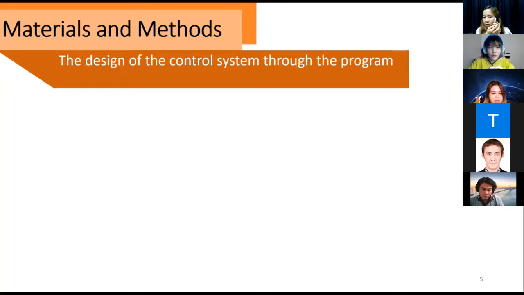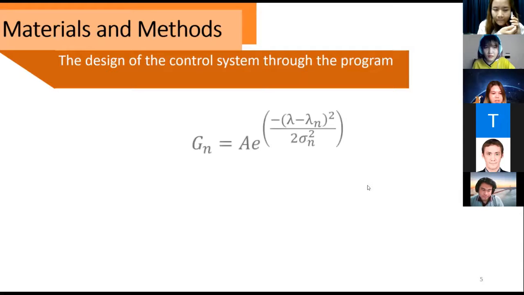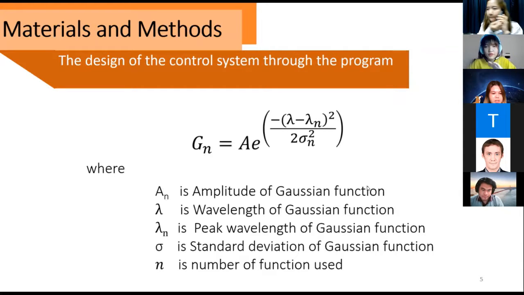Next, when we select the method for the curve fitting, we then use another equation in the PSO. We use the Gaussian function for the PSO. I will explain the parameters in the Gaussian function used in the PSO.